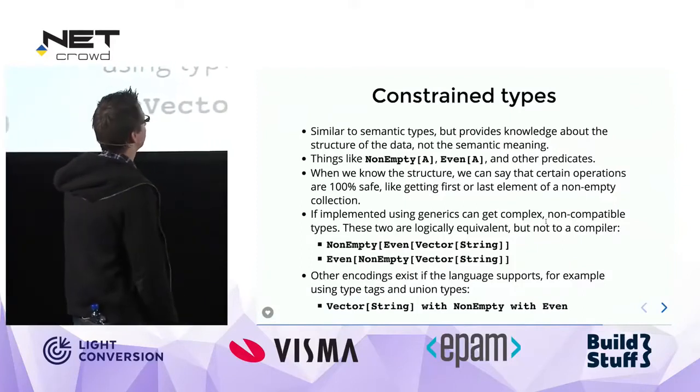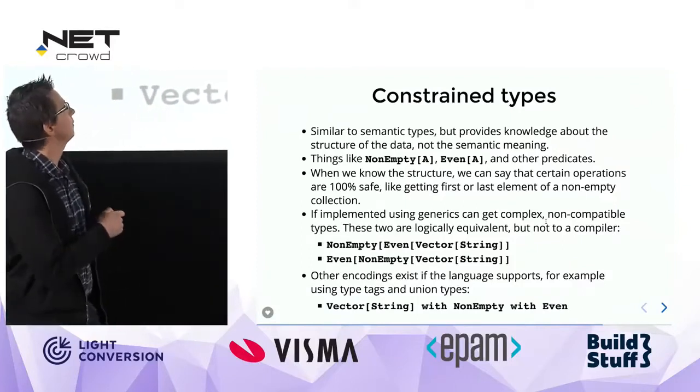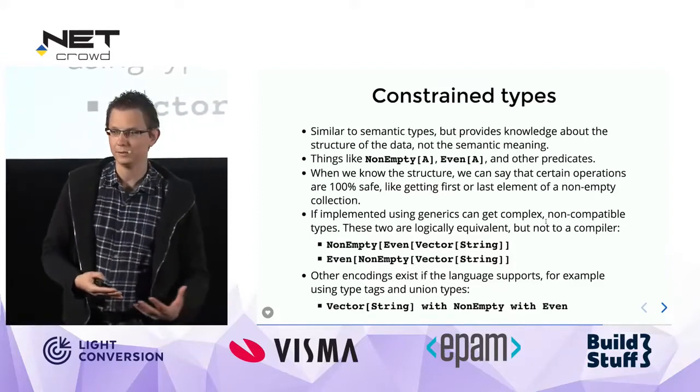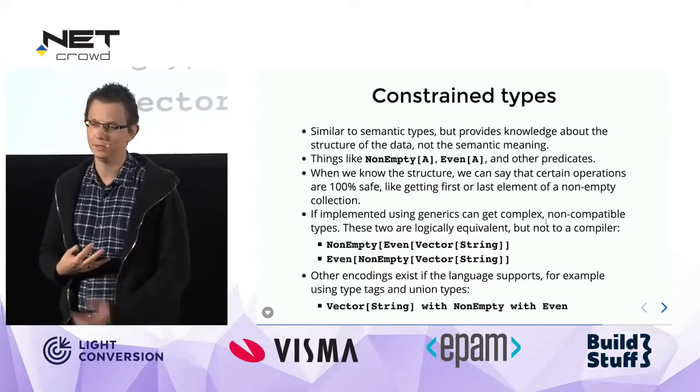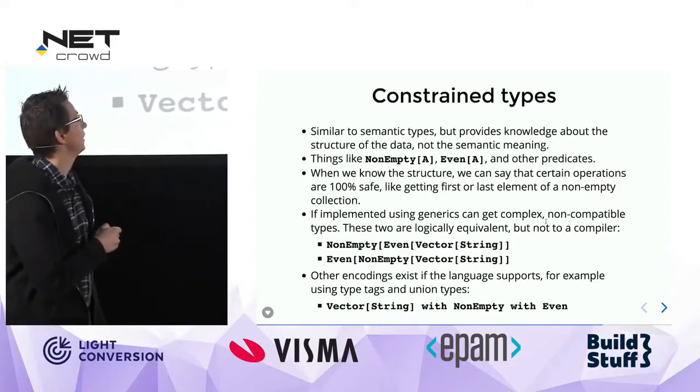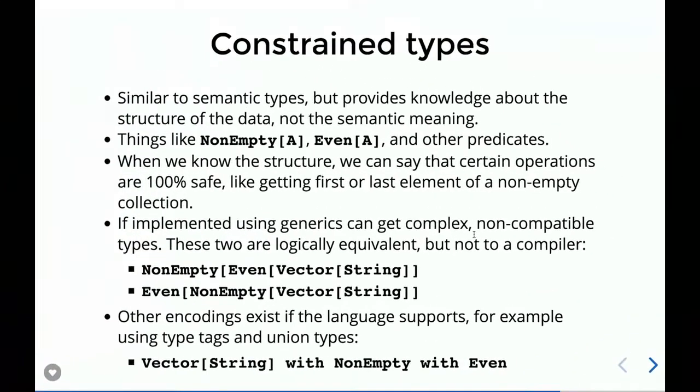Constraint types. So it's similar to semantic types, but it provides knowledge about the structure of the data instead of the semantic meaning. So for example, we can define things like non-empty. So this thing A is non-empty. It might be a non-empty string. It might be a non-empty collection. Or maybe even a collection which has an even amount of elements and other predicates like this.